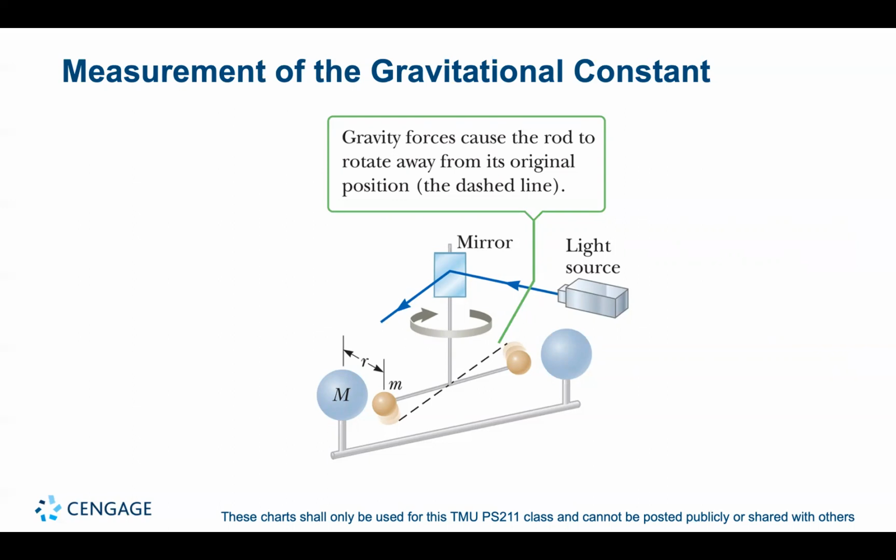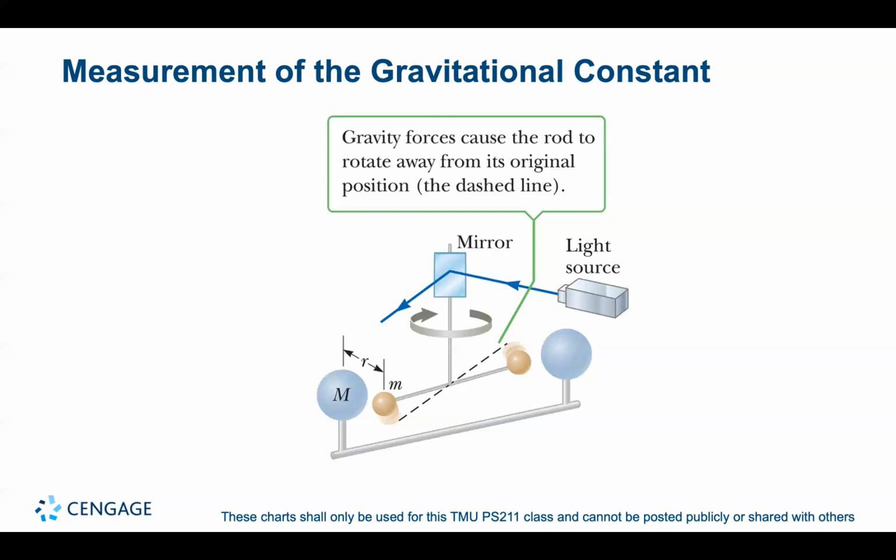You might be wondering where the gravitational constant G came from. It was first measured in an important experiment by Henry Cavendish in 1798. His apparatus is shown in the figure and consists of two small spheres, each of mass m, fixed to the end of a light horizontal rod suspended by a thin metal wire.